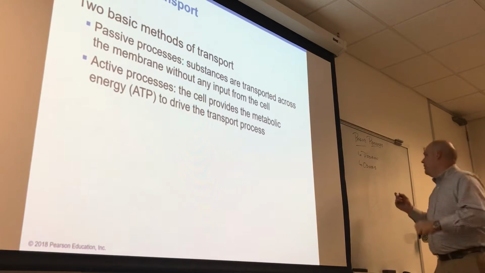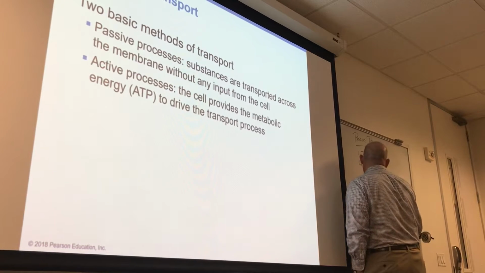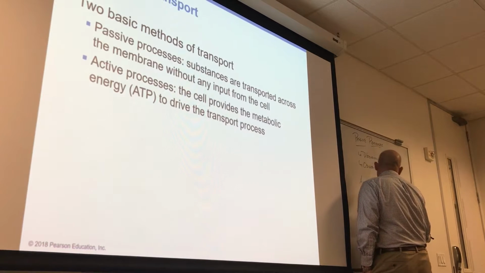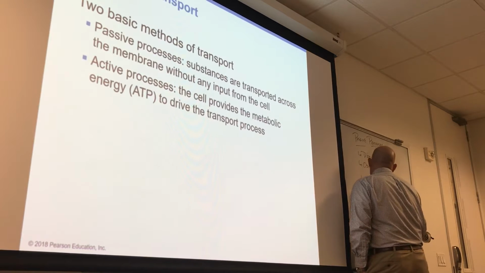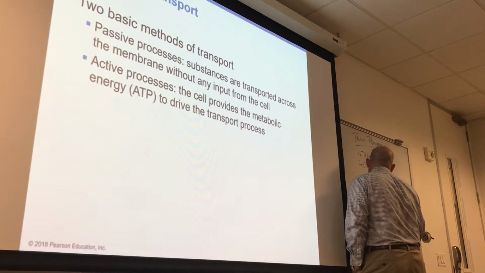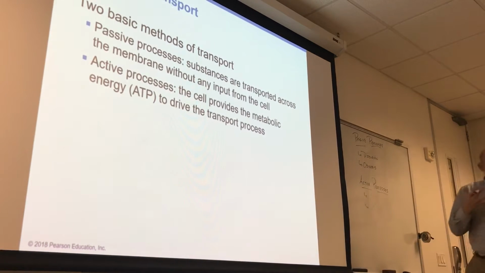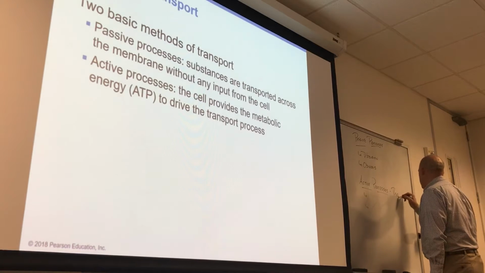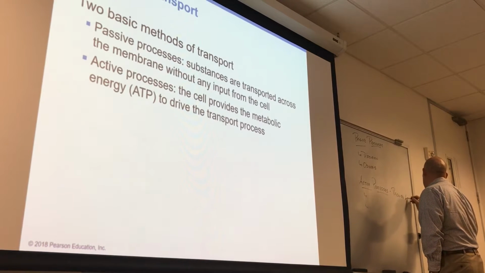On the other hand, active processes. These are processes where we do require energy. So in order for us to move materials across the plasma membrane, ATP is going to have to be used. So active processes require ATP.